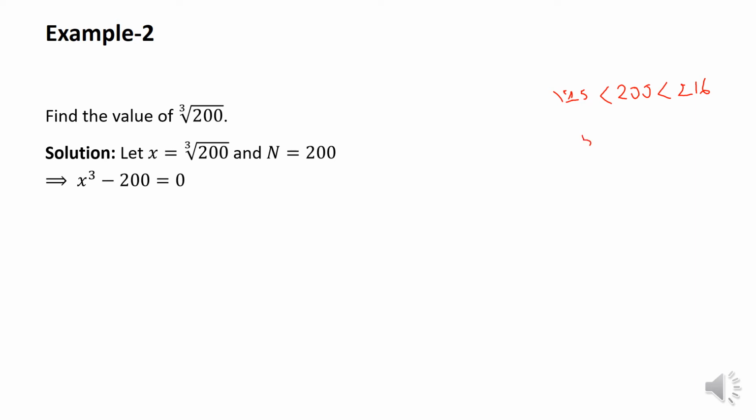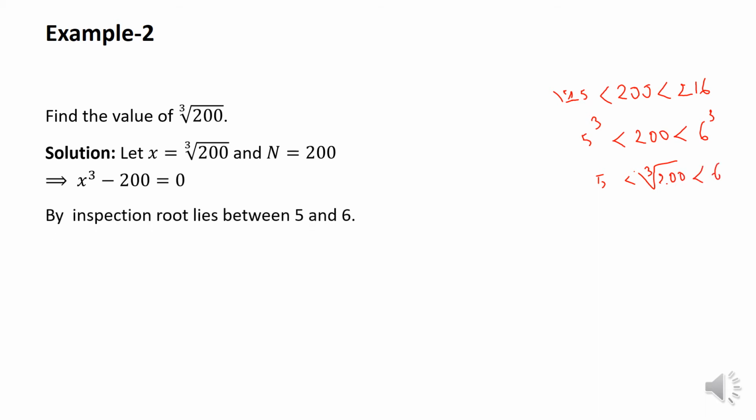I can write this as 5 cube is less than 200 is less than 6 cube. Taking cube root on both sides we will get 5 is less than cube root of 200 is less than 6. That means by inspection, root lies in between 5 and 6.